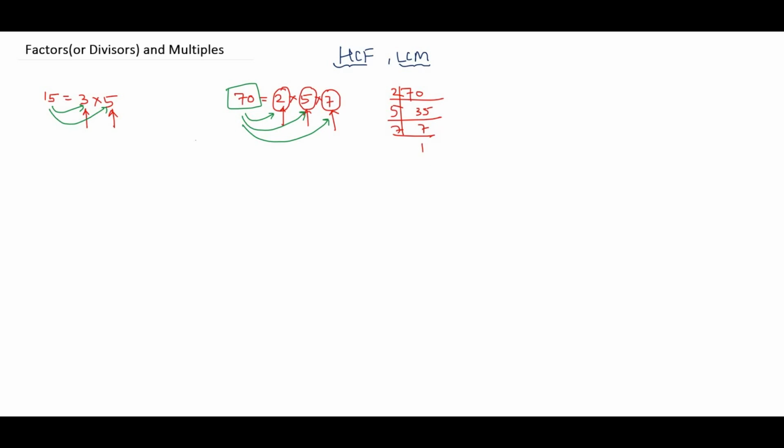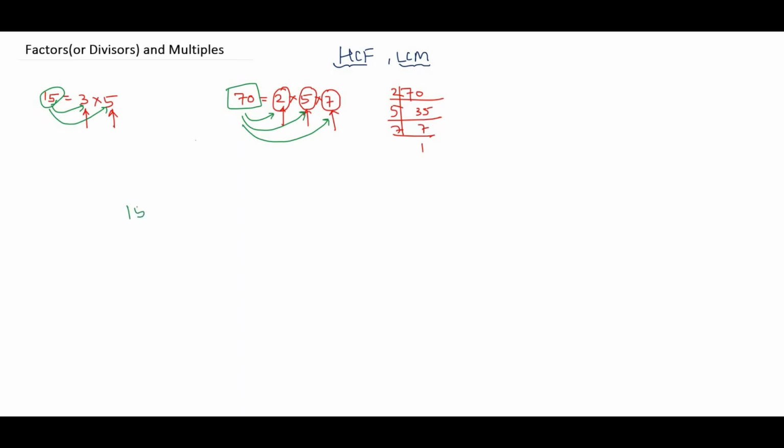So a number which divides a given number exactly is called a factor of that number. 3 divides 15 exactly, therefore 3 is a factor of 15. And the given number, that is 15, is called a multiple of any of its factors, right?